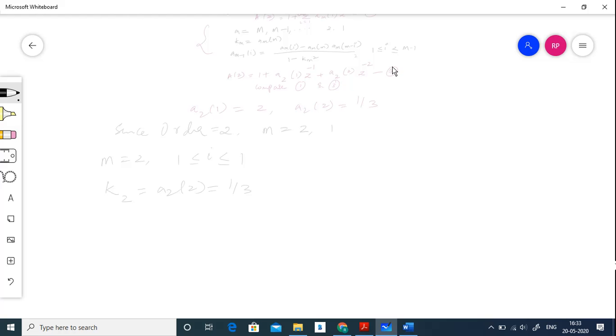Similarly, I'm going to use this value in the next equation, that is when m is equal to 2 and I is equal to 1.